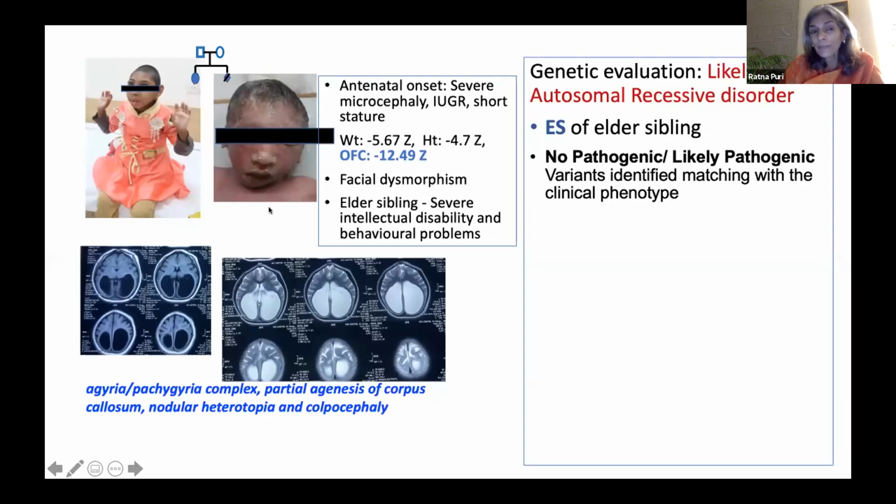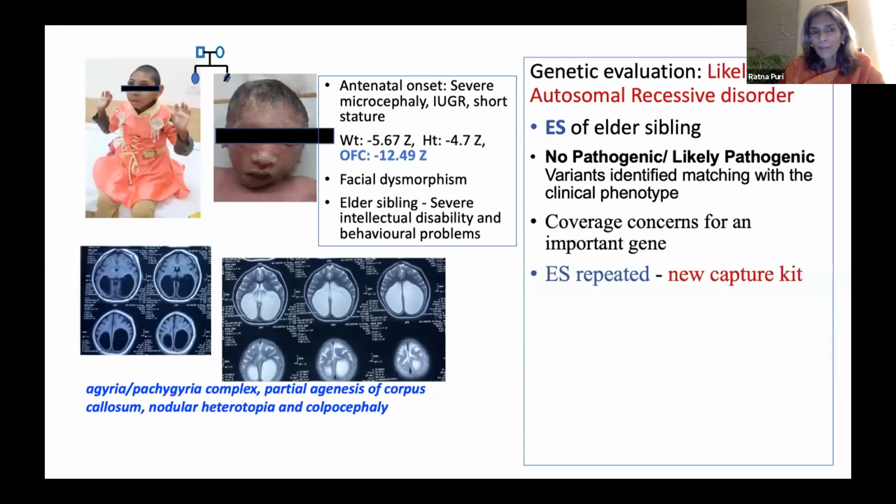And luckily for them, this was an intrauterine death because the second fetus was also affected. And we phenotyped the fetus. We did an autopsy to the fetus. We've done the MRI. We've got the entire phenotype. We've done everything for this family. I did exome sequencing for one, didn't get anything.